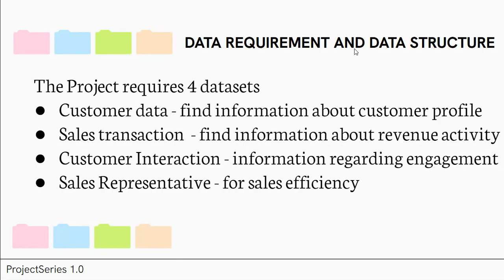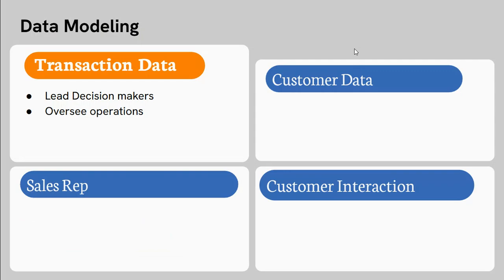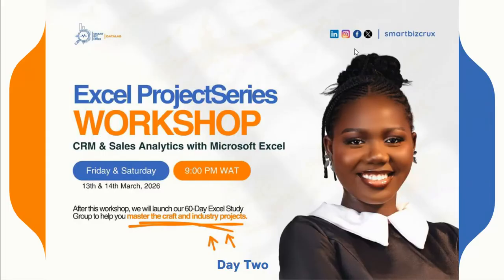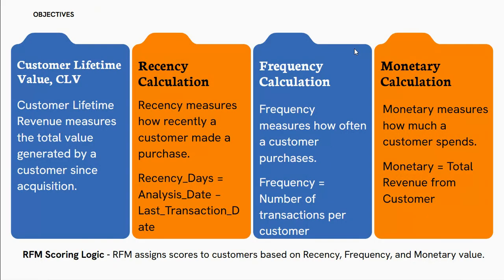With the data that we have, we also modeled the data to create a relationship between the four tables. From there, we focused our analysis on extracting the value from the customers, understanding their spending behavior, what has influenced it, and how much information we know about each customer.